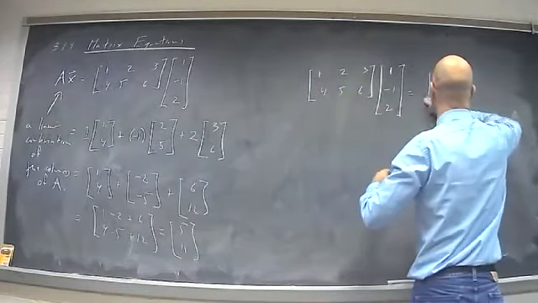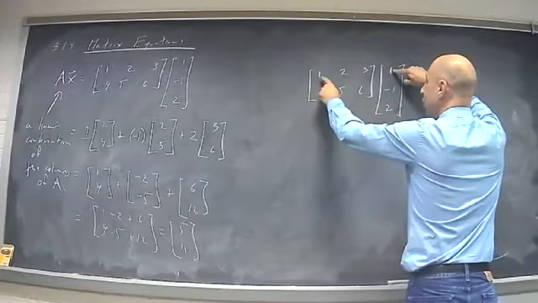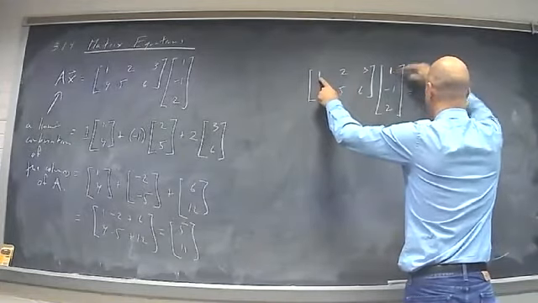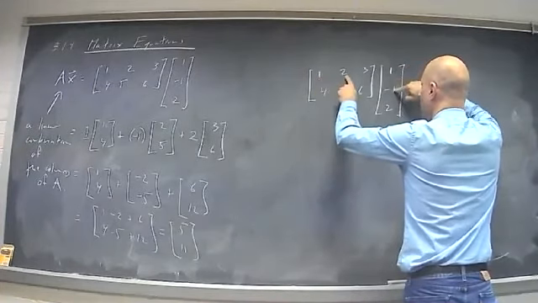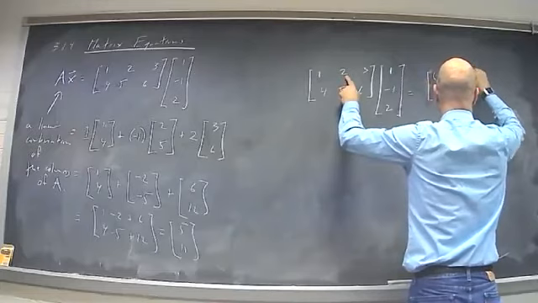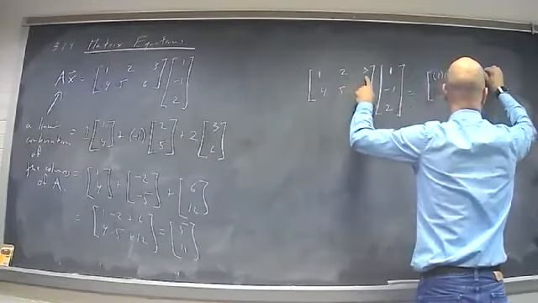So I know I'm going to get a vector with 2 entries. My first entry is going to be 1 times 1 plus 2 times minus 1 plus 3 times 2.